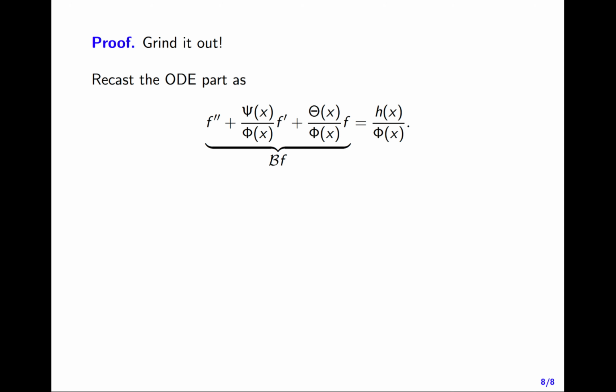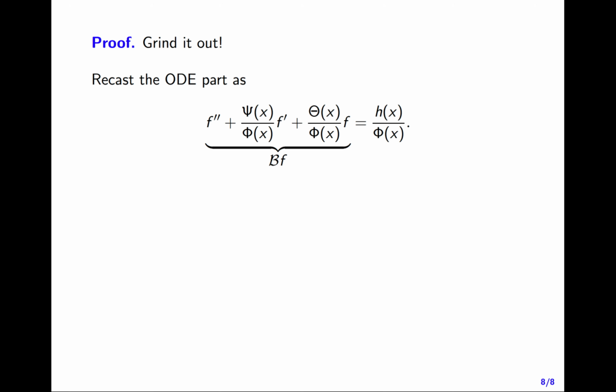So how on earth do you get this representation formula for a solution to this boundary value problem? Basically, just take a deep breath and grind it out. You can rephrase the ordinary differential equation part of the boundary value problem, just as we did in the previous lemma, as f double prime of x plus psi of x over phi of x f prime plus theta of x over phi of x f equals h of x over phi of x.